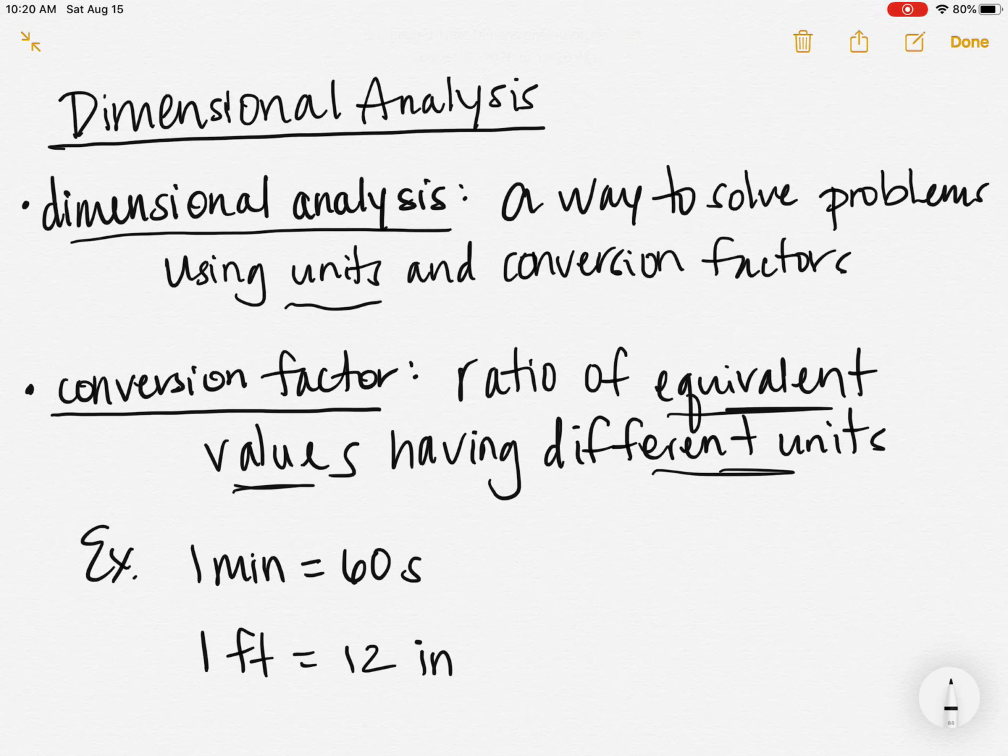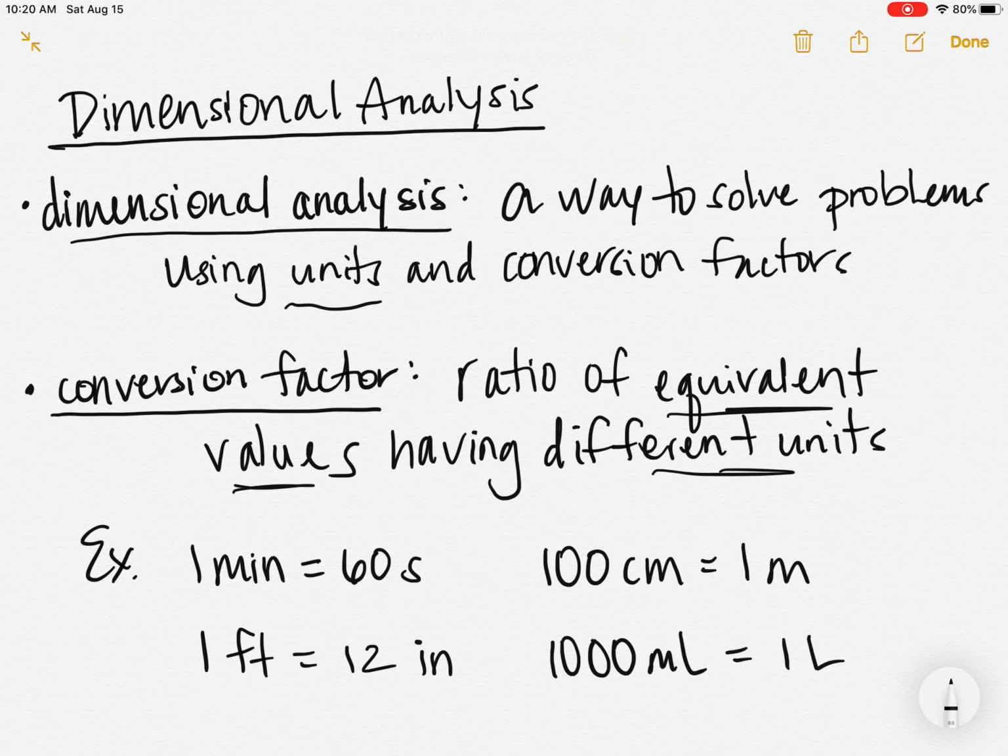We could do a metric one, which might be unfamiliar to us, that there are 100 centimeters in 1 meter, okay? We could do that 1,000 milliliters are in 1 liter. Okay, those are all conversion factors.